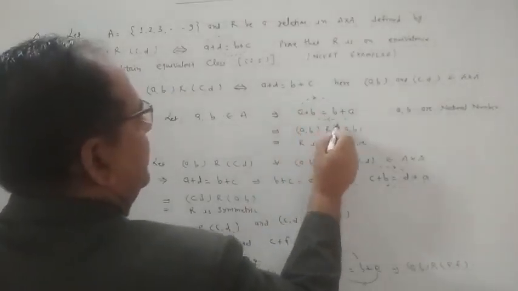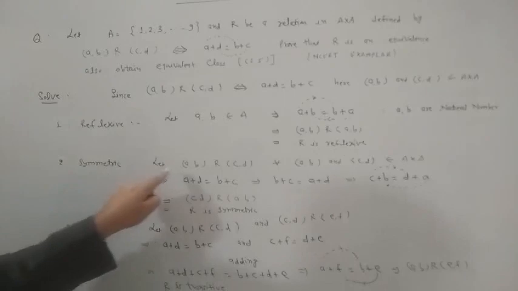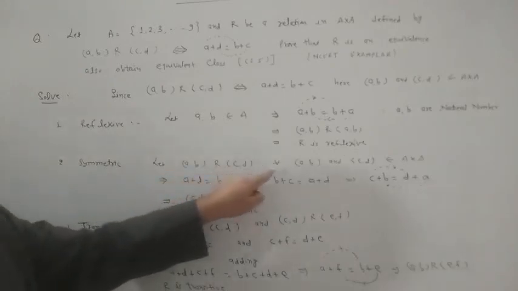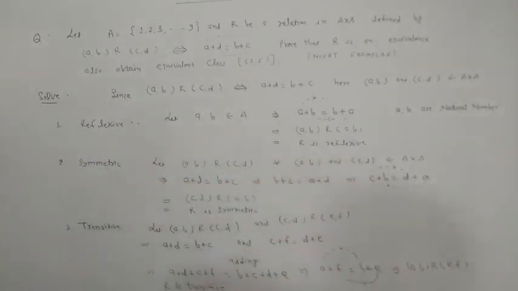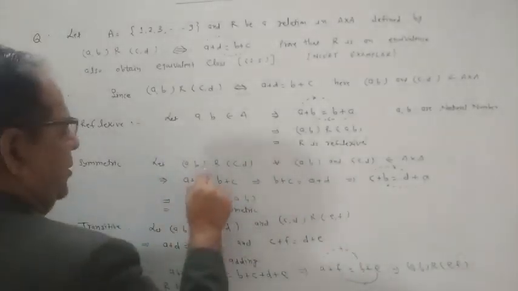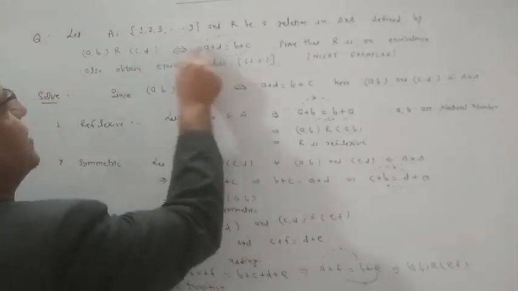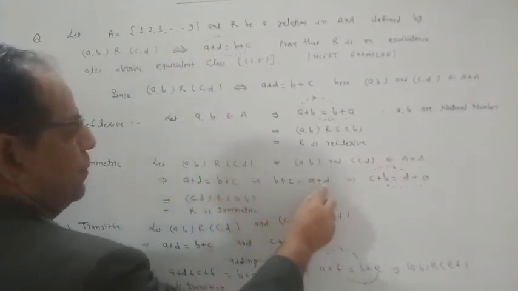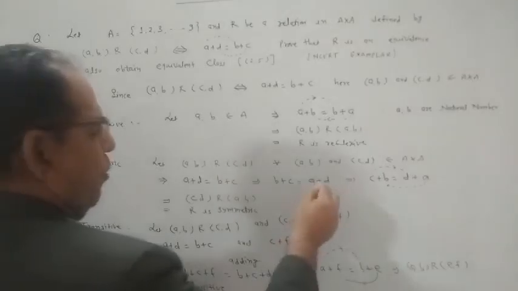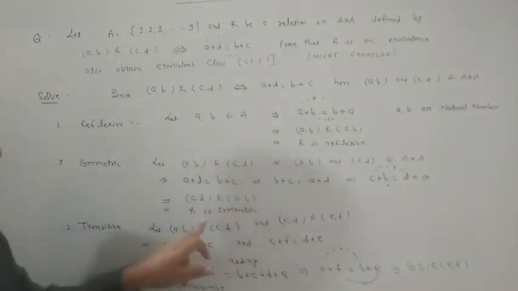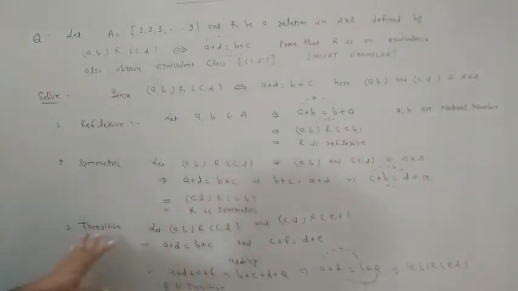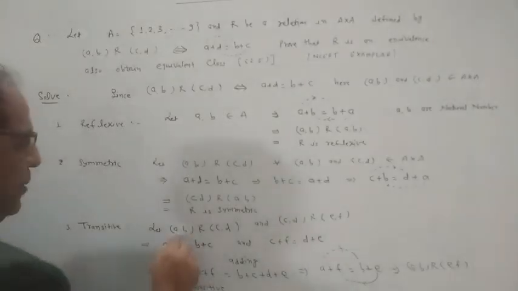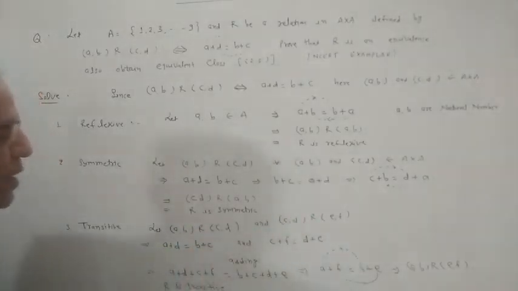So R is reflexive. Now symmetric: let (a, b) be related to (c, d), for every (a, b) and (c, d) elements of A cross A. This implies that by the defined relation a plus d equal to b plus c, we transfer the terms: b plus c equal to a plus d, by the commutative law. So c plus b equal to d plus a. So (c, d) related to (a, b). This implies that R is symmetric. Now for showing that the relation is transitive, we take two consecutive relations, (a, b) related to (c, d) and (c, d) related to (e, f).